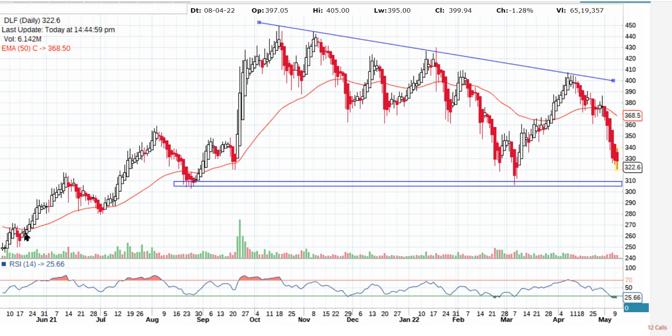From here we see that DLF was continuously trading over the 50 EMA line, and then it started making a top with a lower bias. If you look at the bottom here, this is a support band which is around 300 to 310 rupees, and in one or two places DLF has followed this band, and now it's making lower tops.